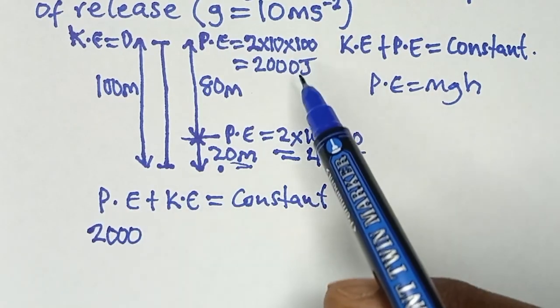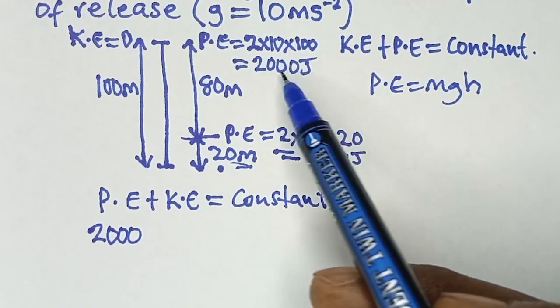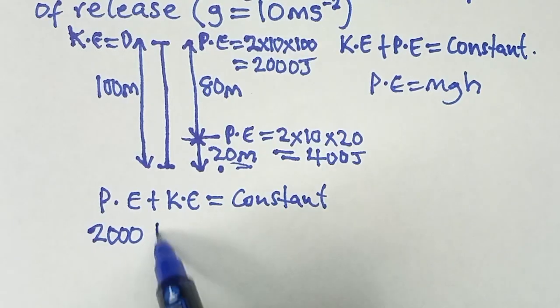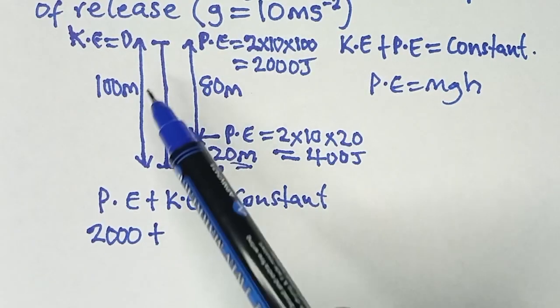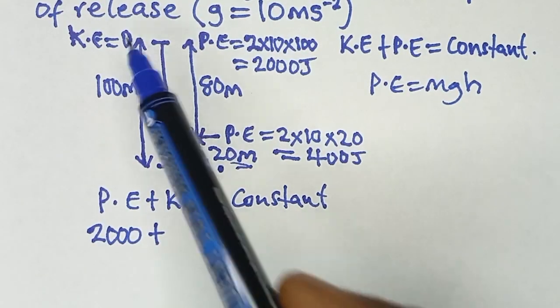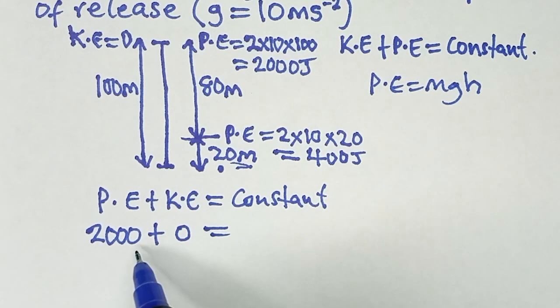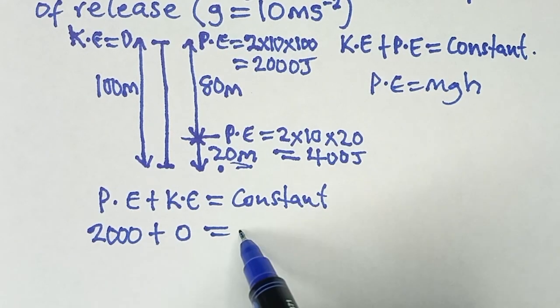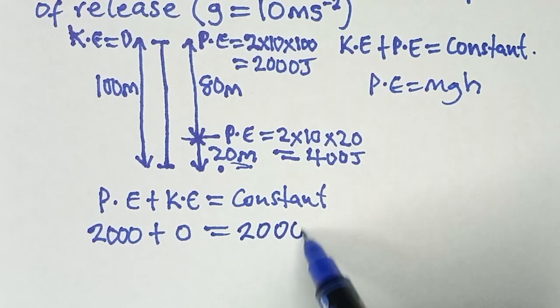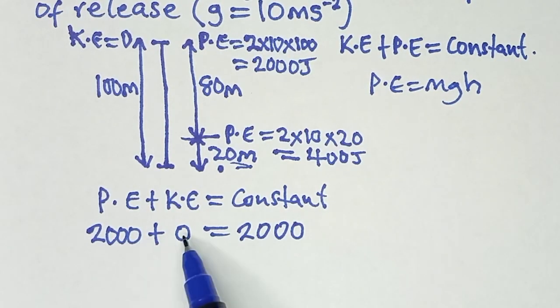We have calculated it. You can see the PE is 2000 at the top. Plus the KE at the top is 0. So plus 0. So 2000 plus 0 will give us a constant value, which is 2000. So 2000 plus 0 is 2000.